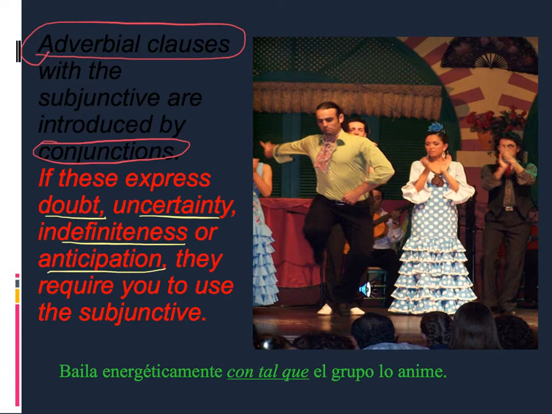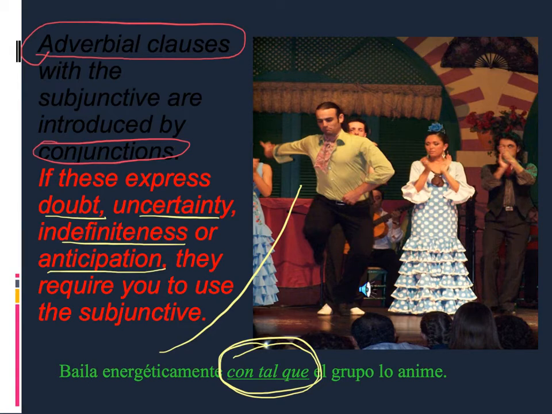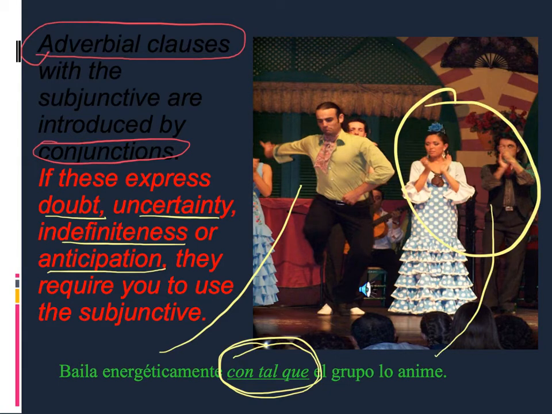Take a look at this example sentence. Baila energéticamente, he dances energetically. Con tal que is an example of what we're talking about. This is a conjunction. Provided that el grupo lo anime. So here we've got the group, and their responsibility is to animate the dancer, or to encourage the dancer.